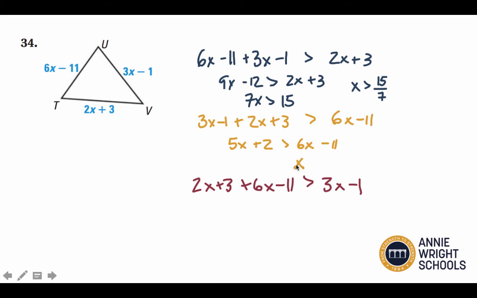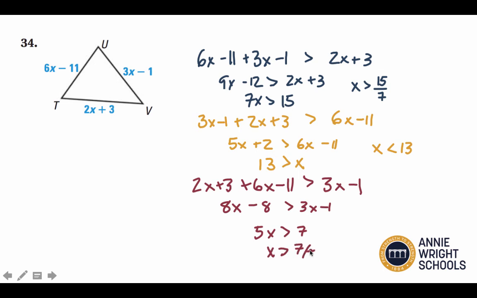I get x is smaller than 13, so I'll write that way. X is smaller than 13. And lastly, I get 8x minus 8 is greater than 3x minus 1, so 5x is greater than 7. So x is greater than 7/5.